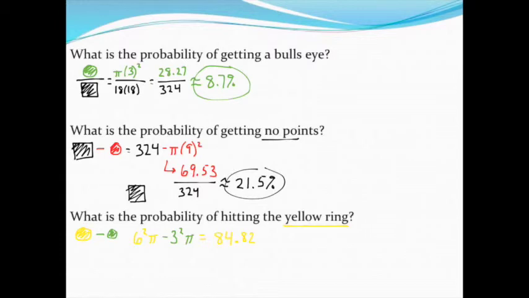Once again, I'm going to divide this by the total, and that total area is still just a square. So dividing it by the area of the black square, which was 324, I find that I have a probability of landing in the yellow ring of about 26.2%. So if I were to close my eyes and throw a dart at random, of the ones we've found so far, I'm most likely to hit the yellow ring, because it has the highest probability.